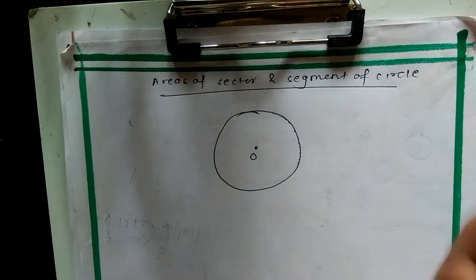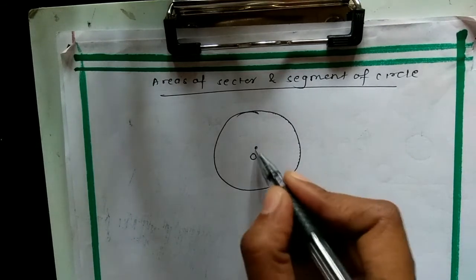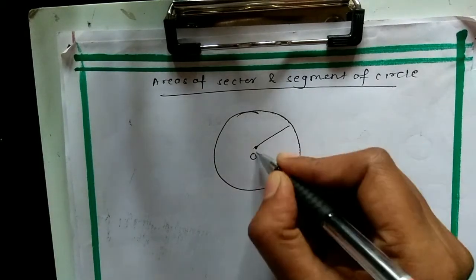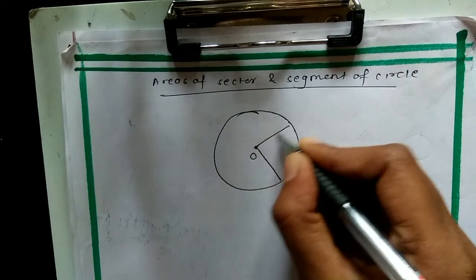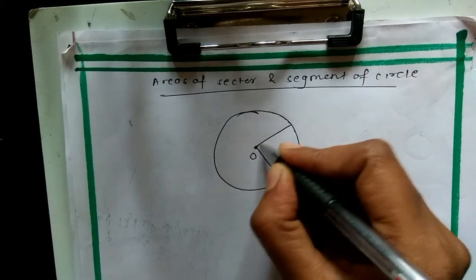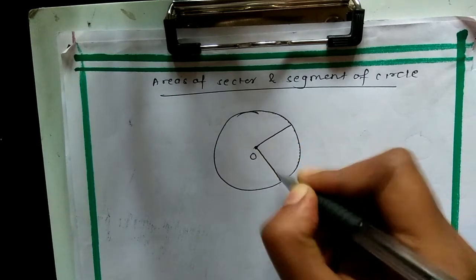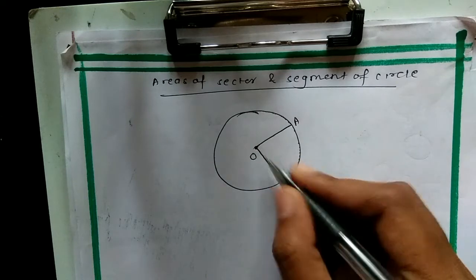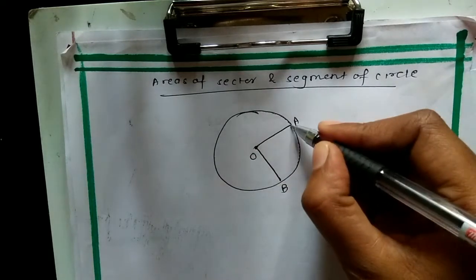Let us take the circle with center O, and you should know the meaning of sector. A sector is a portion of a circle, or a part of a circle bounded by two radii. Let us take the radii to be OA and OB. So these are the radii and the corresponding arc.